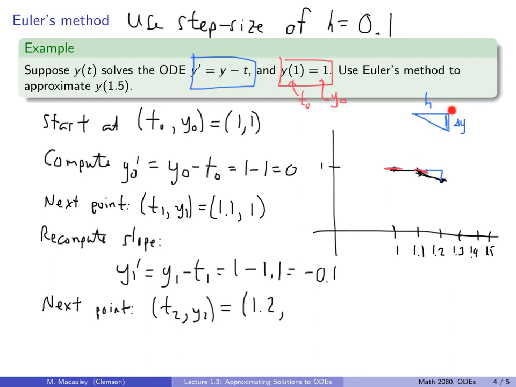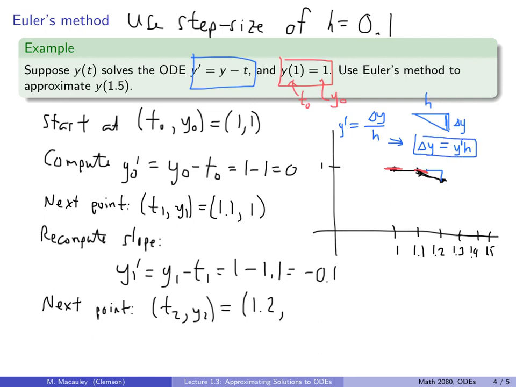Now we know that the slope is rise over run. So the slope y prime is rise over run. In other words, that means that our change in y is y prime times h. Y prime times h, okay?